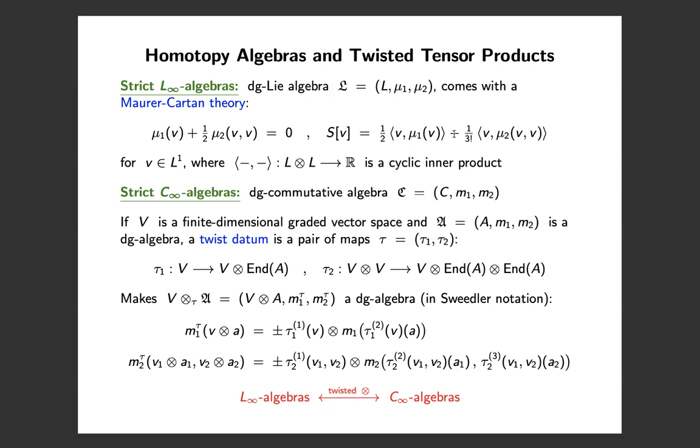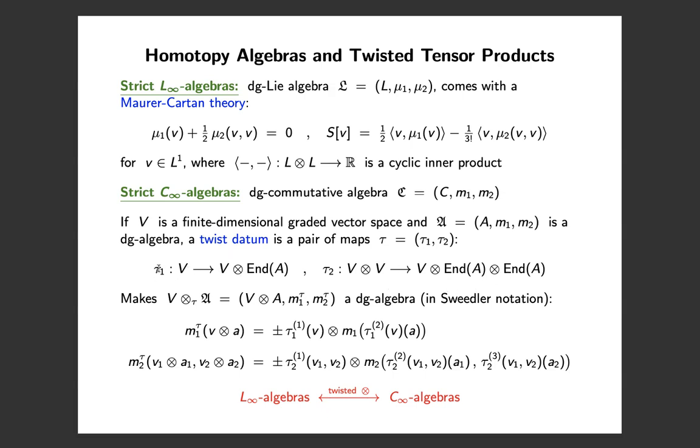Okay, so the twisted tensor product I introduced is a lot to absorb in just a few minutes on a slide. So I just want to show you that this is all well prescribed, because we're going to use it a lot in the rest of the talk. If I take a finite dimensional graded vector space V and some differential graded algebra A, not necessarily commutative, then a twist, or twist datum, is a pair of maps, tau 1, tau 2, that look like this.